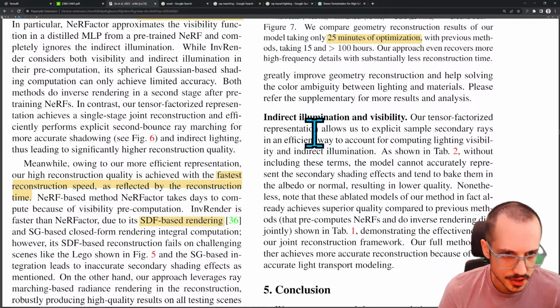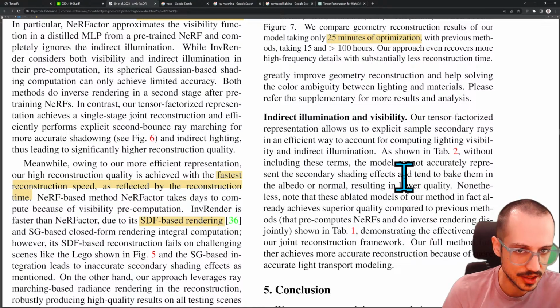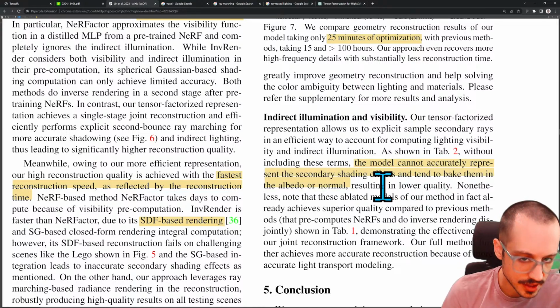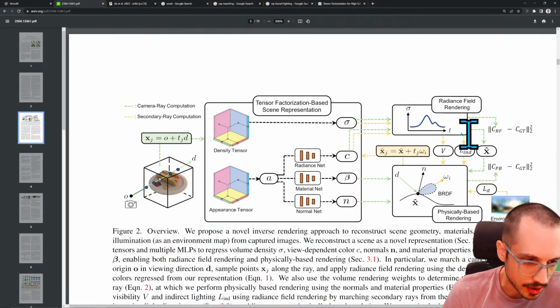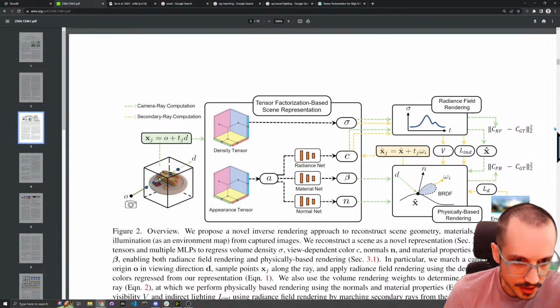Tensor factorized representation allows us to explicitly sample secondary rays in an efficient way to account for computing lighting visibility and indirect illumination. Without including these terms, the model cannot accurately represent the secondary shading effects and tends to bake them in the albedo or normal. So here's an interesting observation: because other techniques aren't explicitly trying to model the secondary lighting effects, what most nerfs end up doing is taking the secondary lighting effects and stuffing that into the color and the radiance field.